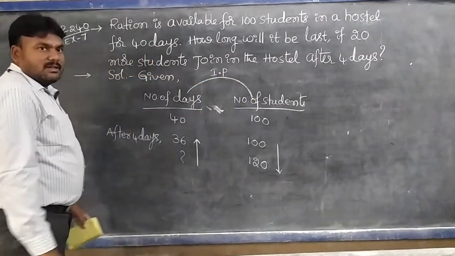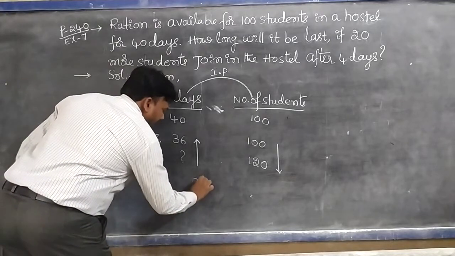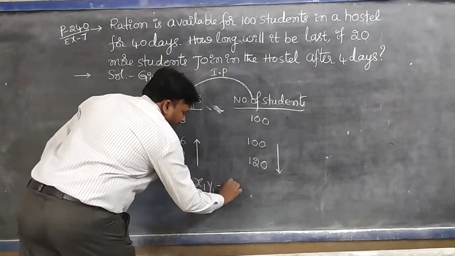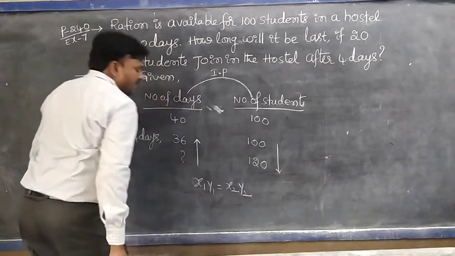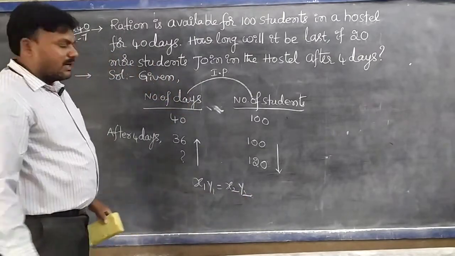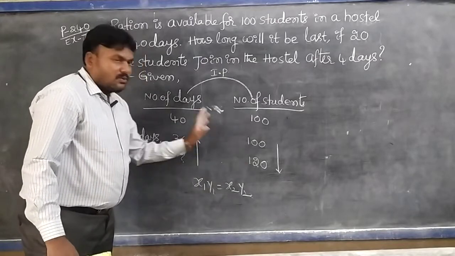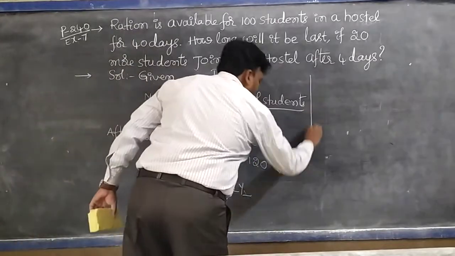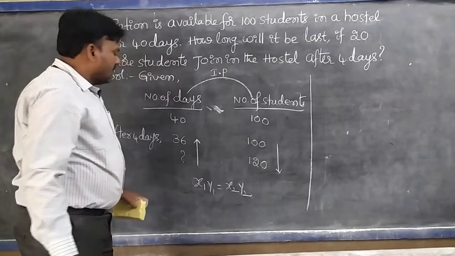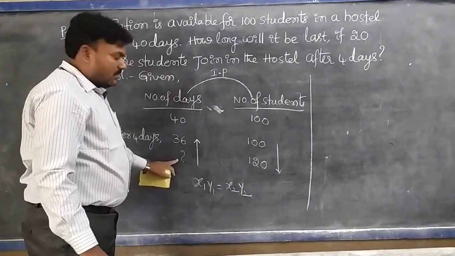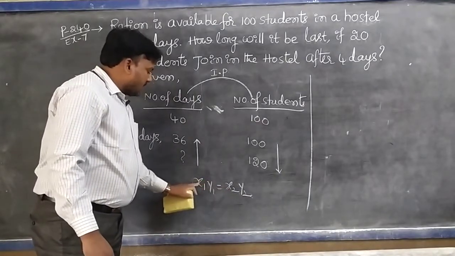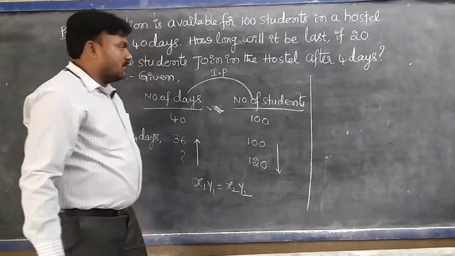We know very well, use the formula, that is x1 y1 equal to x2 y2. Okay students, so use the formula and also apply the values. So we find the x2 value, therefore x2 equal to x1 y1 by y2.